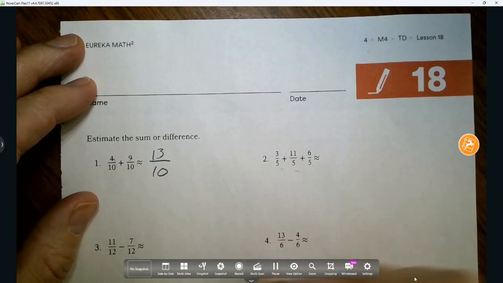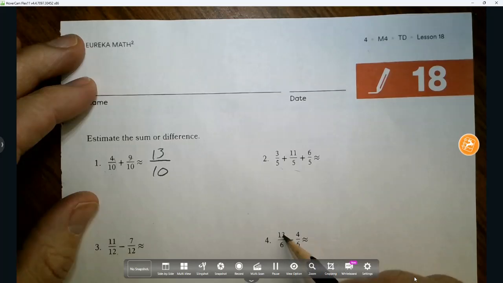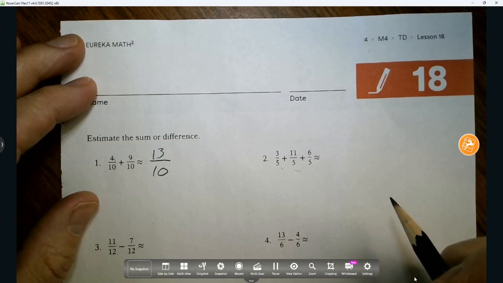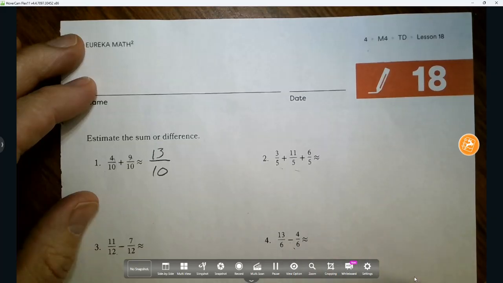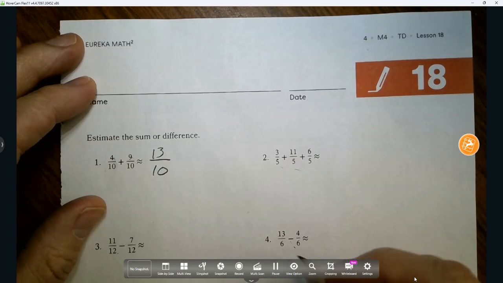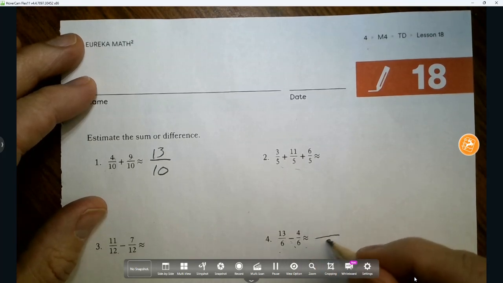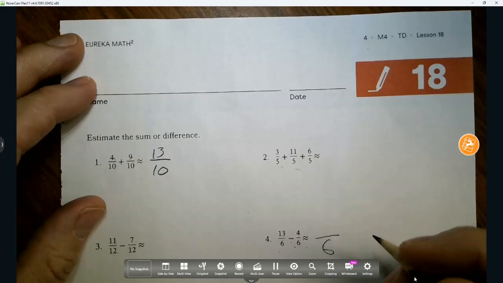All right. Over here, you can do that one on your own. I'll go down to one of these down here. We got 11 twelfths minus 7 twelfths, or we got 13 sixths minus 4 sixths. I think I want to do this one. So 13 sixths minus 4 sixths. Six and six, it's going to be sixths.